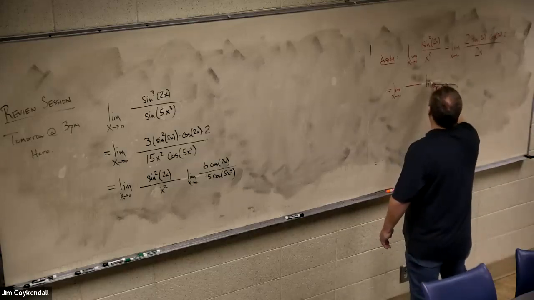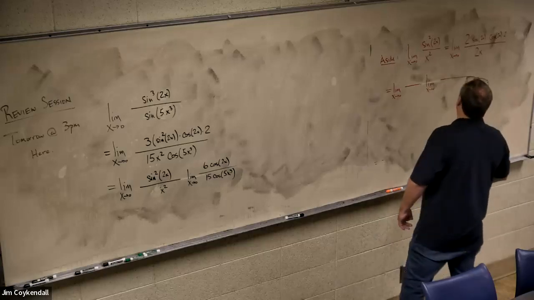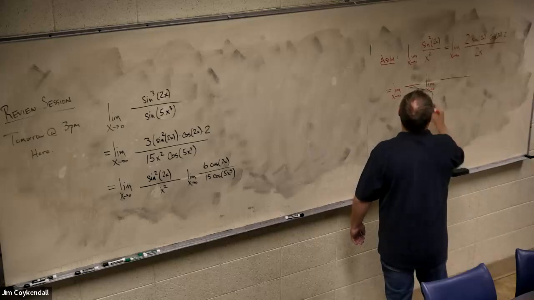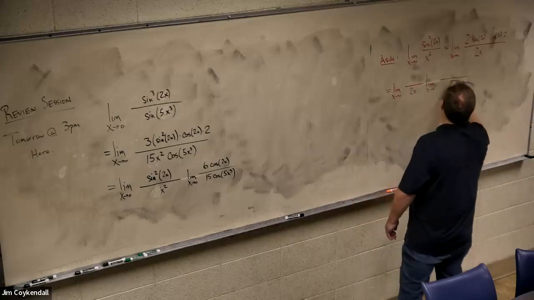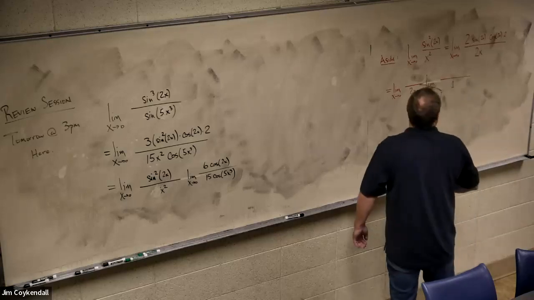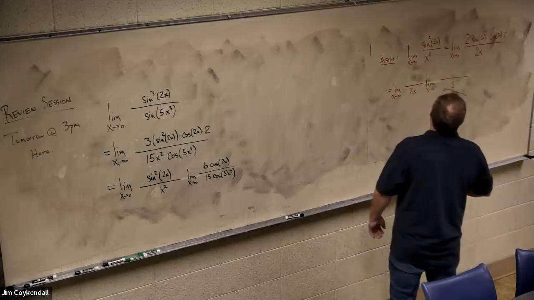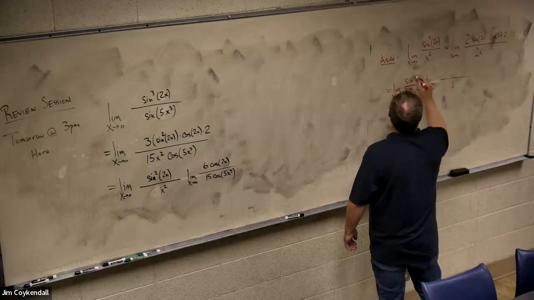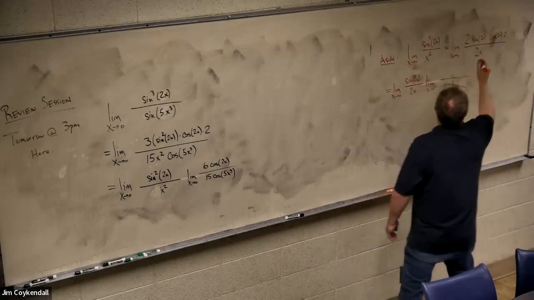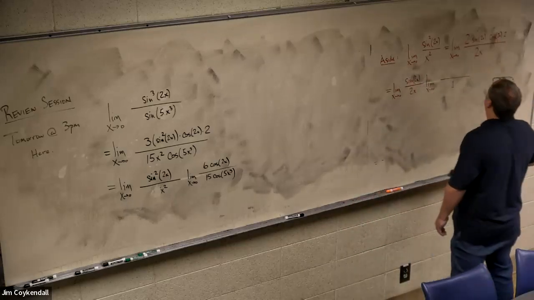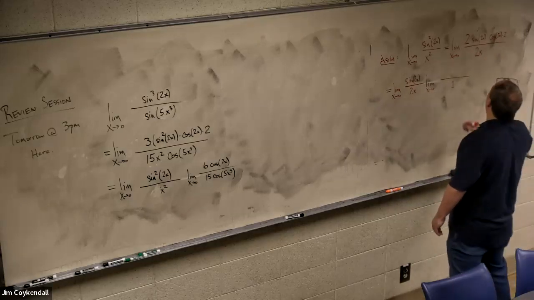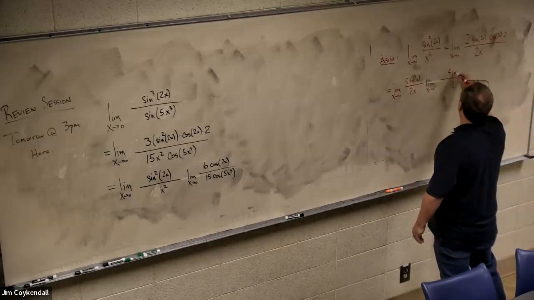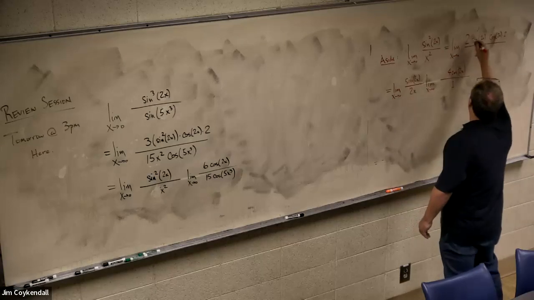So I'm going to divide it up as I did before, into offenders and non-offenders. This is sine 2x over 2x, the offender, and 4 cosine 2x, the non-offender.